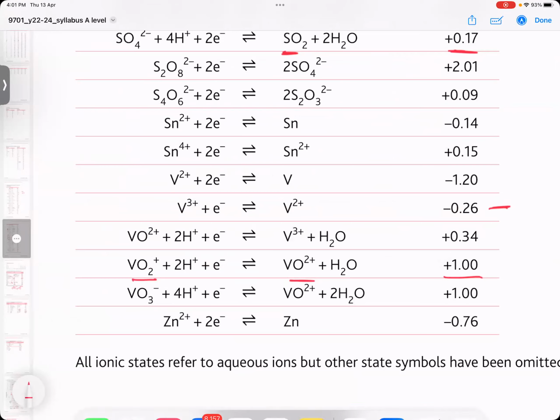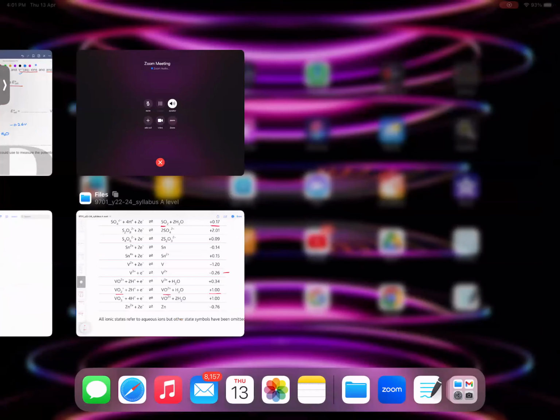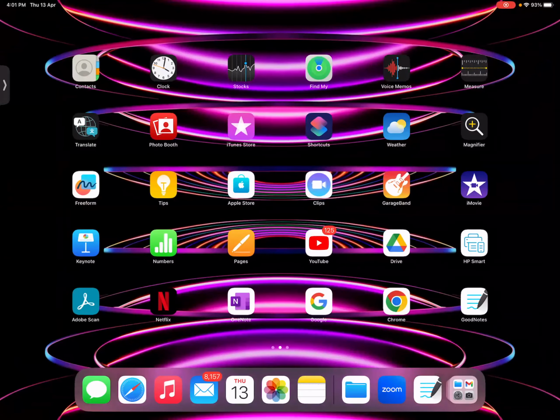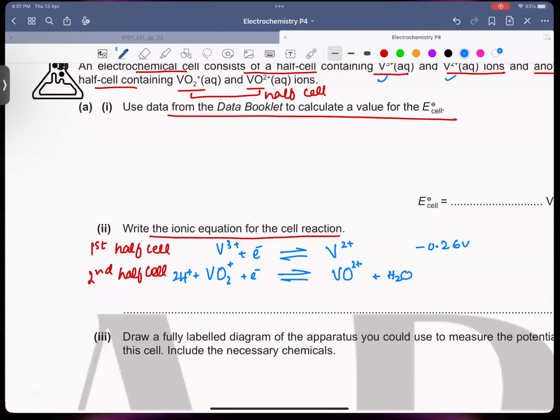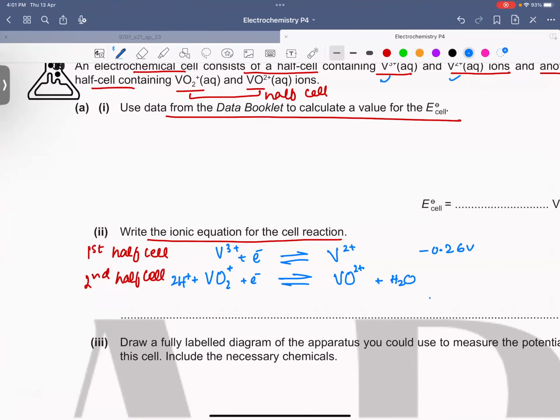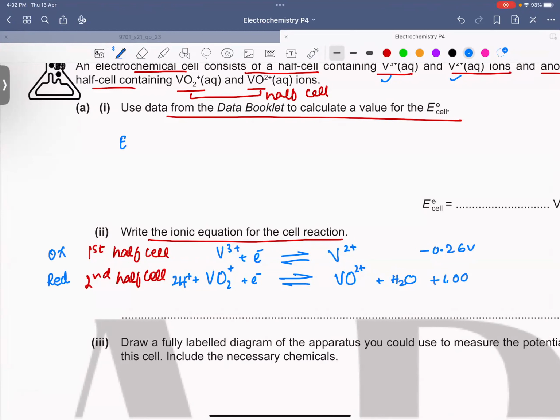And it has a positive 1 volt. इसकी क्या थी? पॉजिटिव 1 थी। तो इससे हमें पता चल गया that here the reduction may occur and here the oxidation may occur.